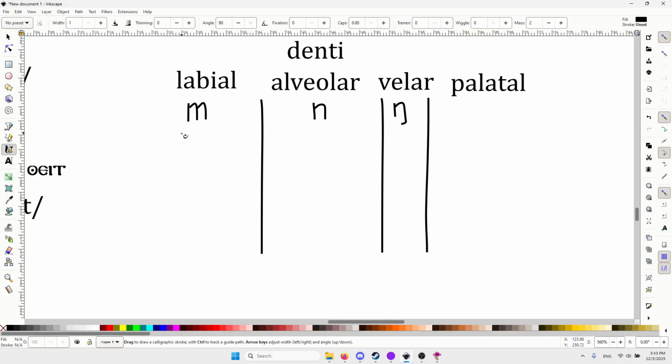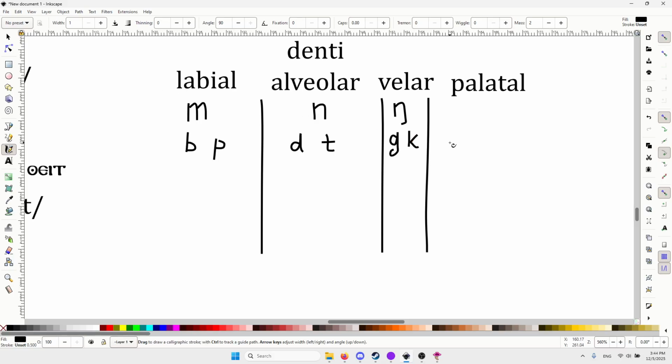Then we have labial. So here we have b and p, and in English the p is always aspirated, with a little H above it, but we don't need to worry about that. And then here we have duh and tuh. For velar, the sounds we have here are g and k.